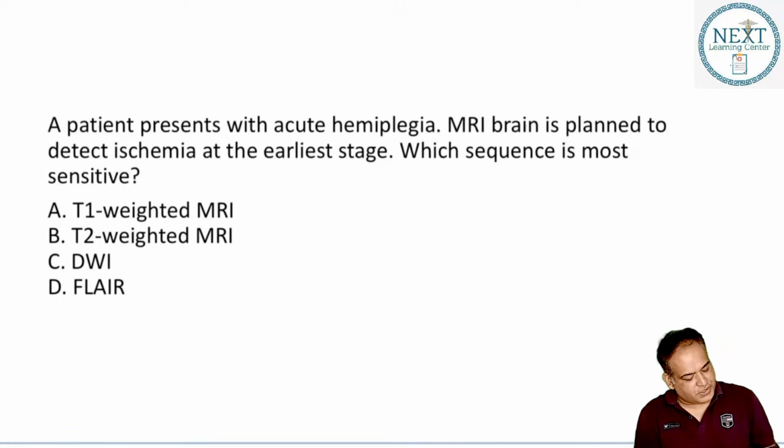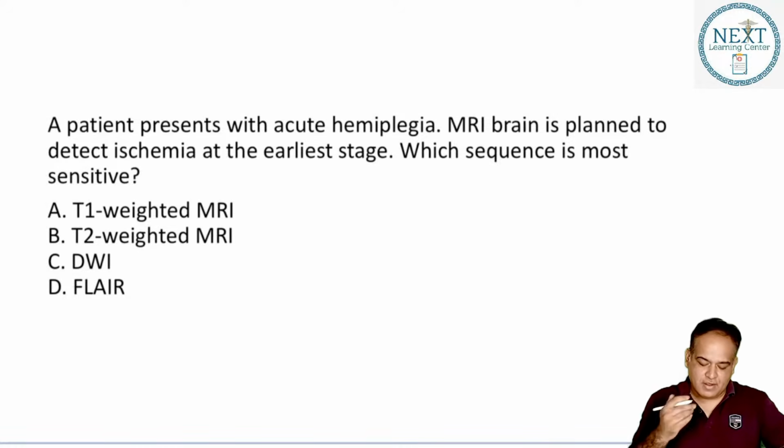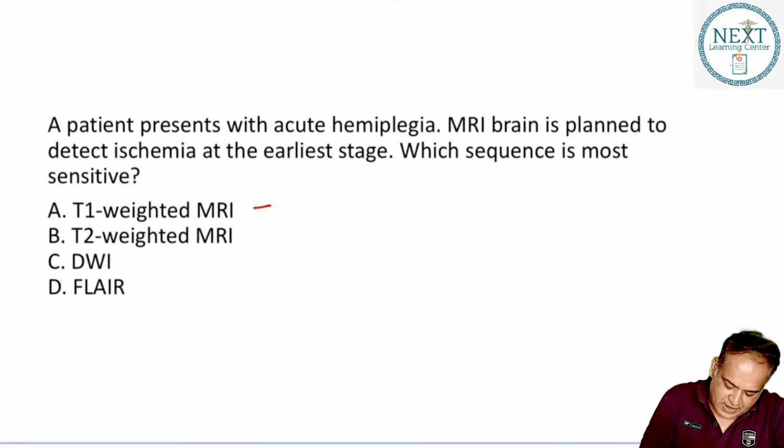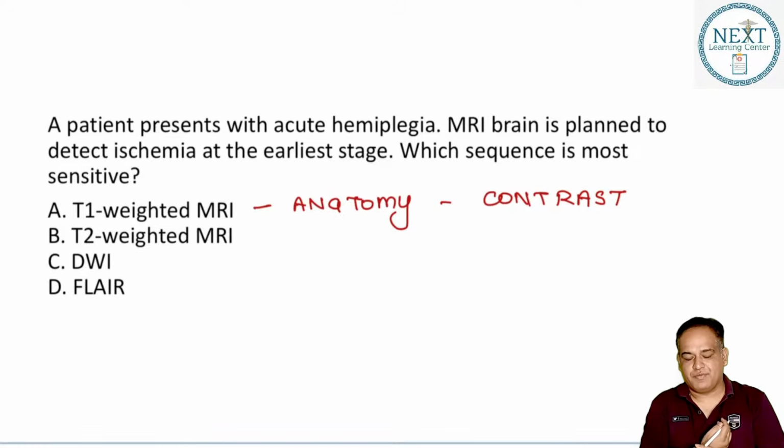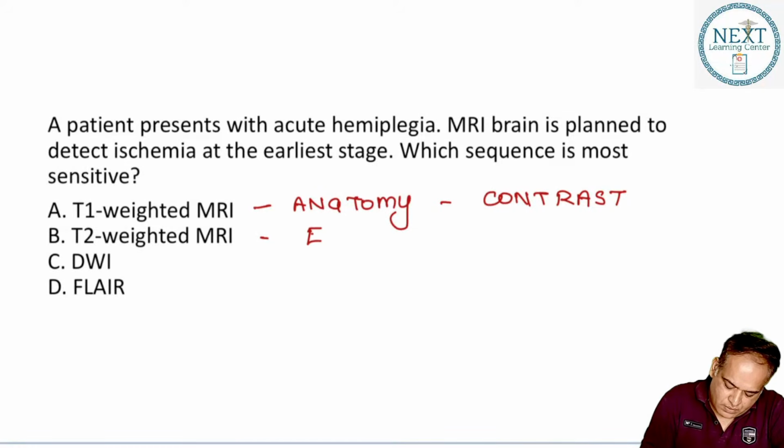See, diffusion weighted images, right? Now see, T1 is for anatomy and contrast MRI. Fine. T2, it is for edema.